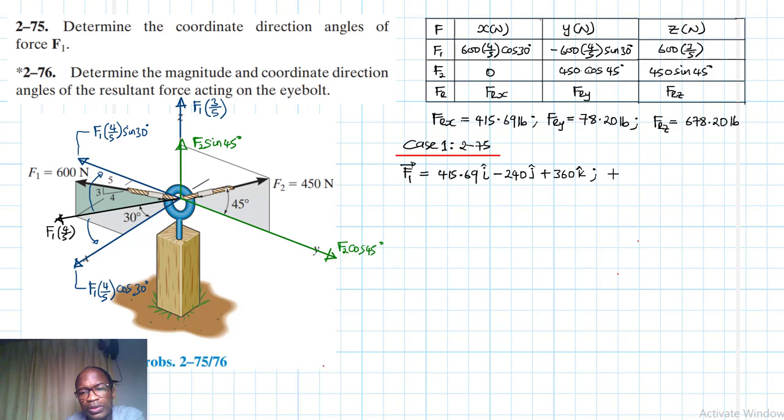We already have the magnitude, therefore we know that the unit vector along this direction is just going to be equal to F1 divided by its magnitude, where its magnitude is already known, is equal to 600.